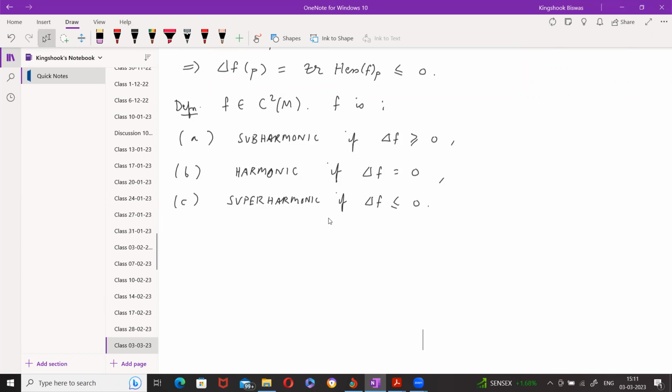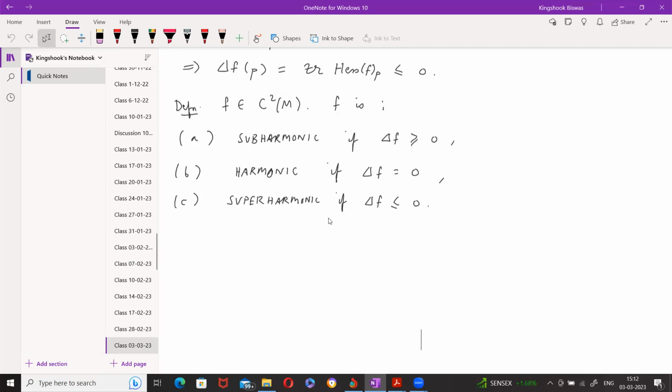If it's subharmonic, then the value at the center is less than or equal to the average value on a sphere around the point. And if it is superharmonic, then the value at the center is greater than or equal to the average value on a sphere.